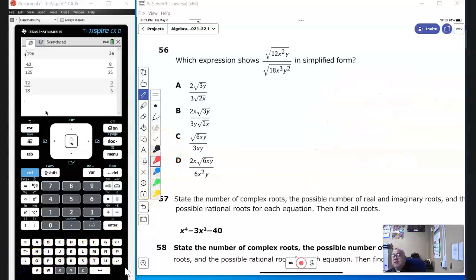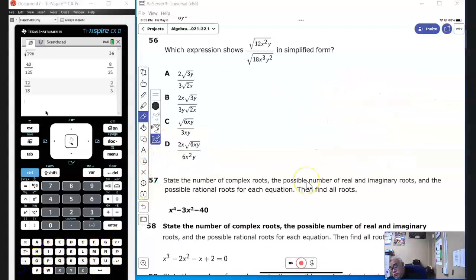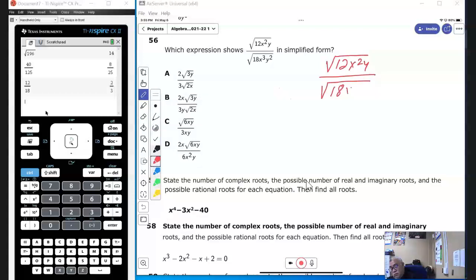So we have to write this in the simplest form. So the simplest form will be the square root of 2 x squared y over 3x cubed y squared.